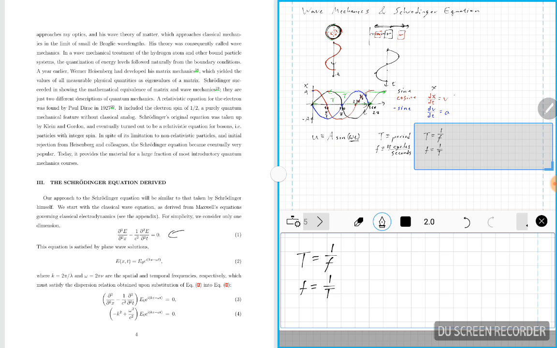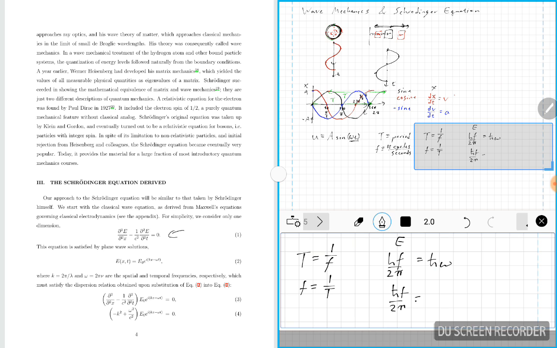Now, I always forget which way this goes, but it is going to be, so hf is energy. hf is energy, h bar omega, and that one's over 2 pi is h bar.